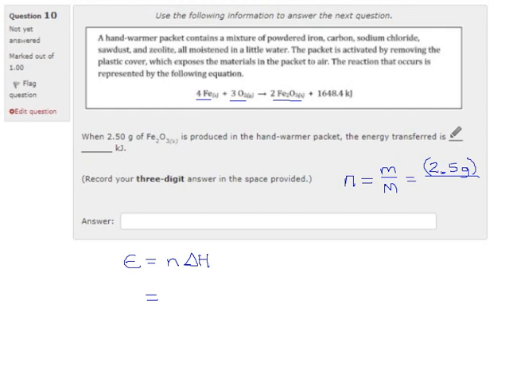Oxygens are 16 each, and we have 3 of them, so that's 48. I get 159.7 for the molar mass of iron oxide. So 2.5 divided by 159.7 equals not very much. We get 0.01565 moles of Fe2O3. That's our number of moles.